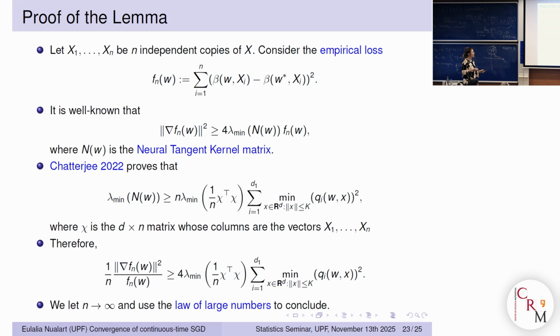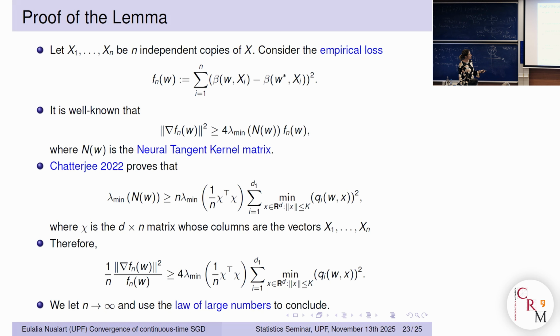for the empirical laws, getting the PL condition to be satisfied is related to these neural tangent kernel matrices, which is the Jacobian of the gradient of the neural network, okay? And typically it's the minimum eigenvalue of this neural tangent kernel matrix that tells you if the PL condition is going to be satisfied, okay?